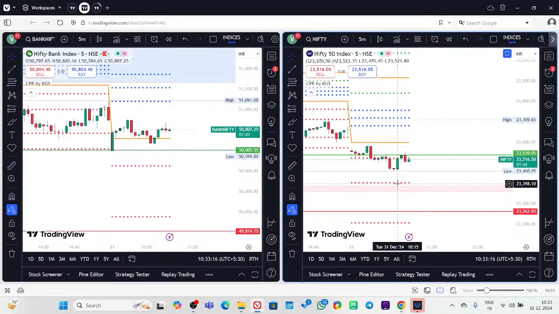At any point of time we have to be aware that the strategies are going to work only to some extent. So that's why we have to put the stop loss every single time. Looks like Bank Nifty is moving up.